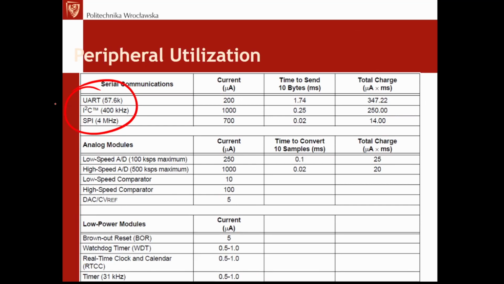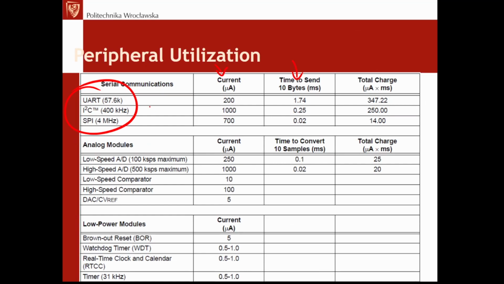Here you can see the current consumption of the block itself for some microcontroller, and then the time that is required to send a certain number of bytes. So here in this example calculation, 10 bytes. How much time is required at those speeds with those interfaces to send the data?